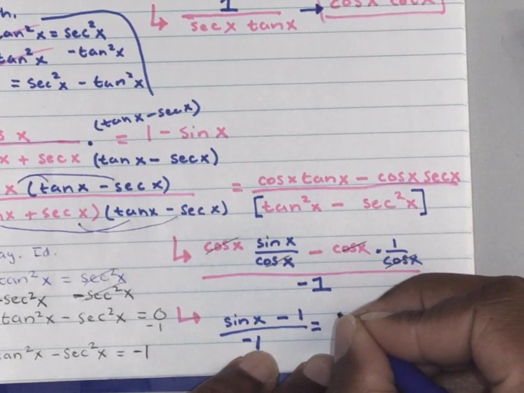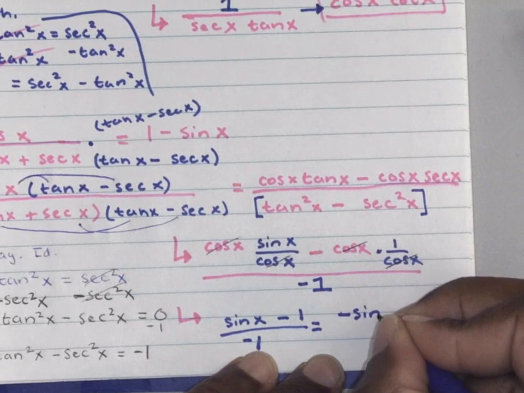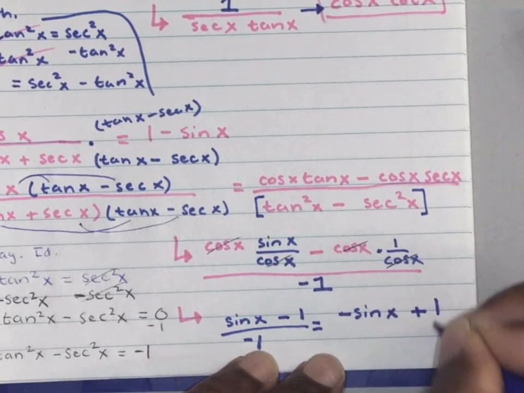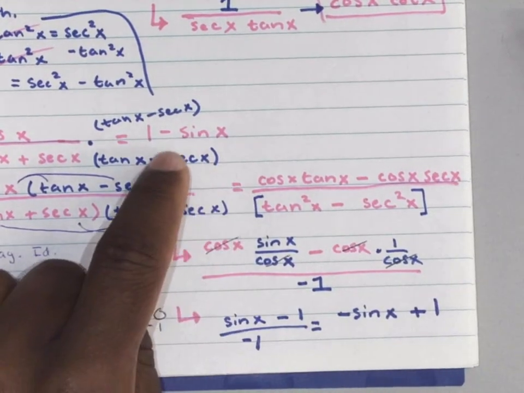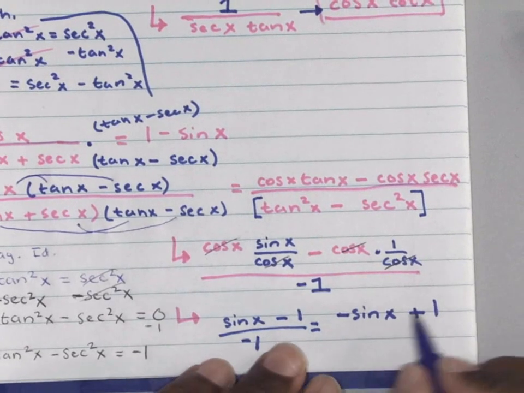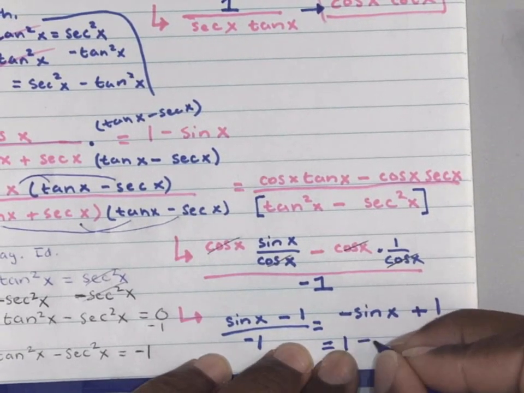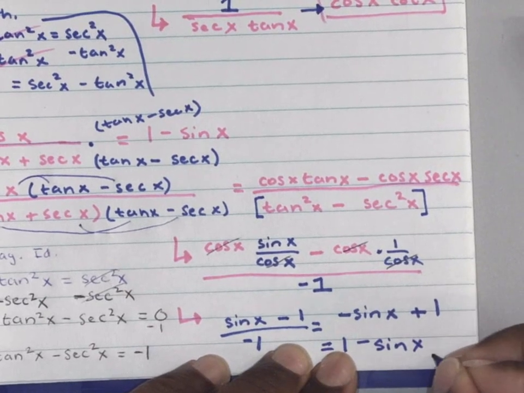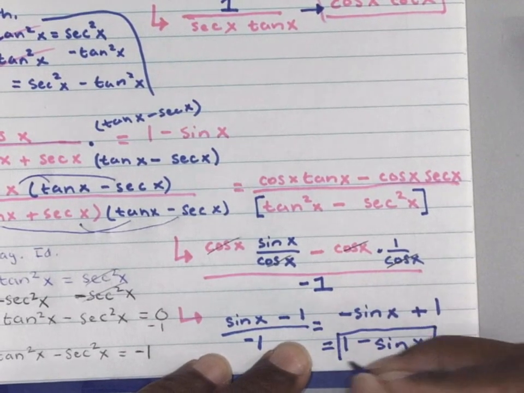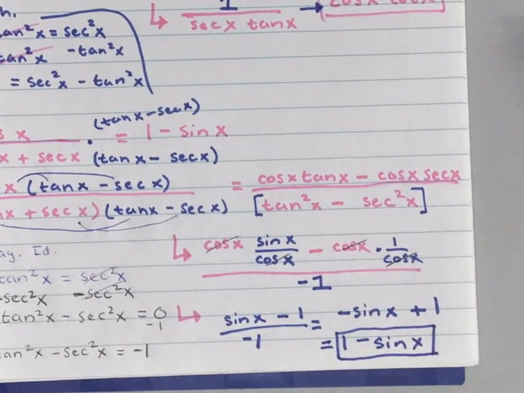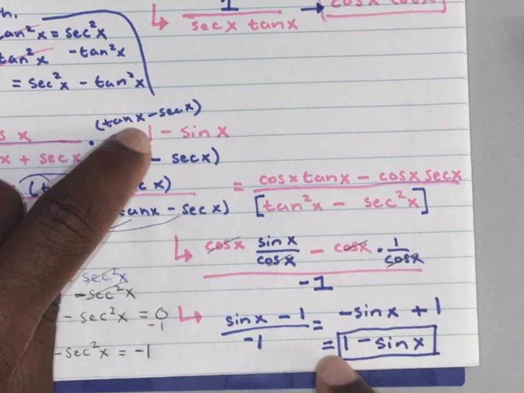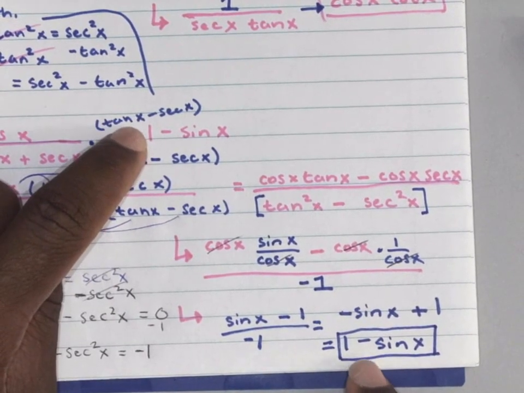So what I get is negative sine of x plus 1. And then if I wanted to make it look like that, I would just change the order. So 1 is in front minus sine of x. And we just verified that the left side does come out to equal the right side.